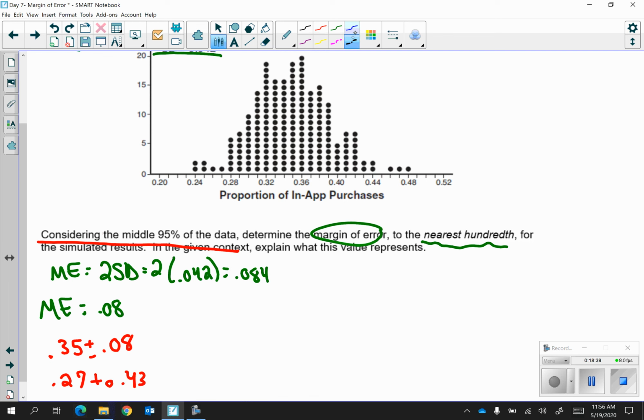And now we can actually write a description. So a margin of error of 0.08 means what? Now it means that we can expect that 27 to 43% of the users will make in-app purchases. That's what our confidence interval said.